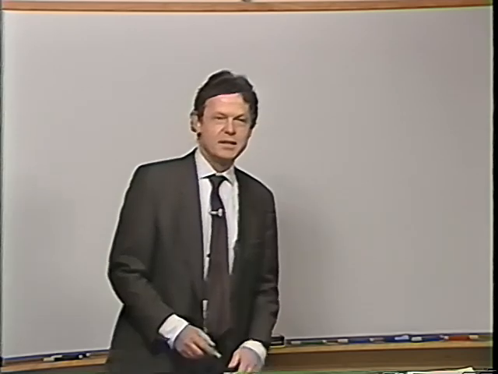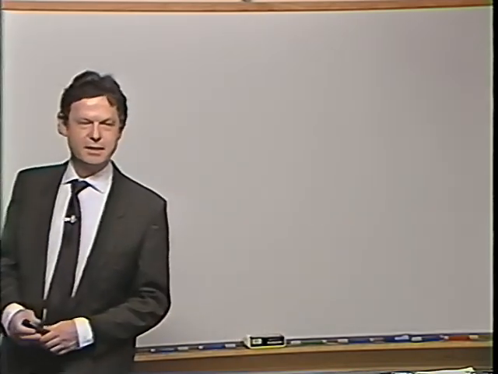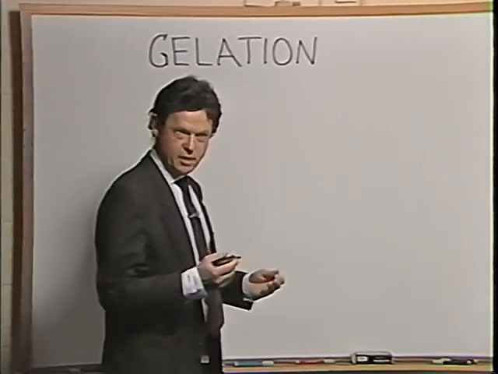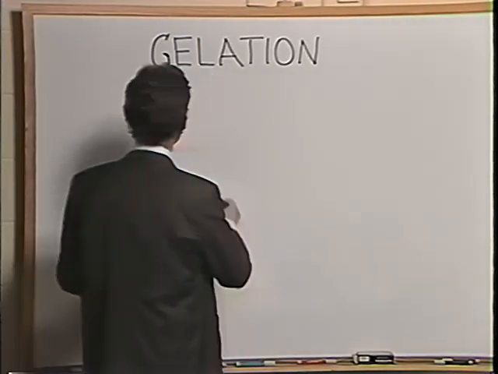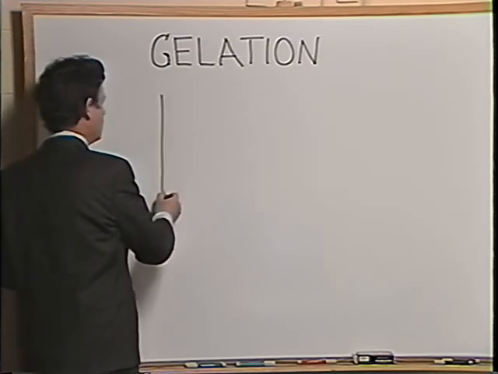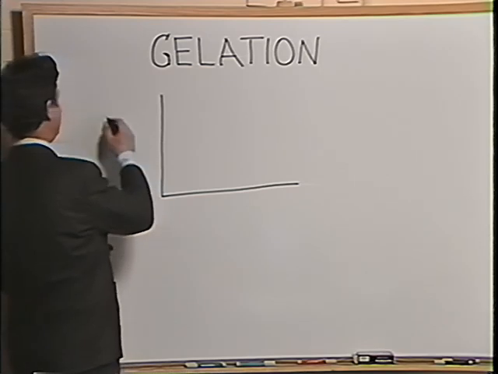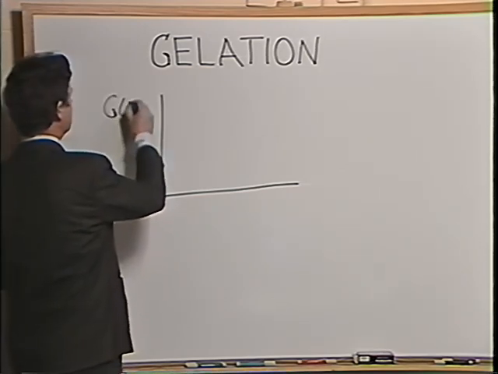Cross-linking polymers undergo an interesting transition at the gel point, where they go from a sol, from a liquid, to a solid. We can detect this transition by measuring the relaxation modulus.